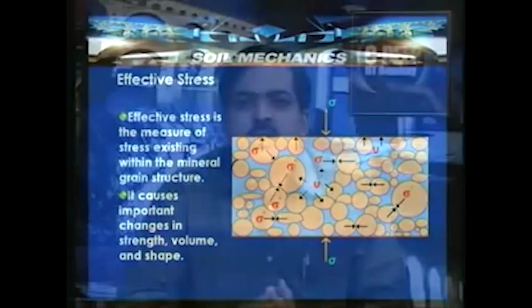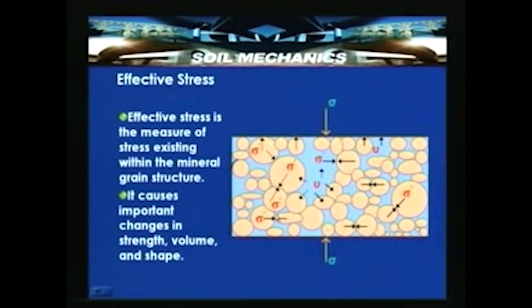So, if you define effective stress, it is the measure of stress existing within the mineral grains. As shown here, sigma dash is the stress acting between grain to grain at points of contact.